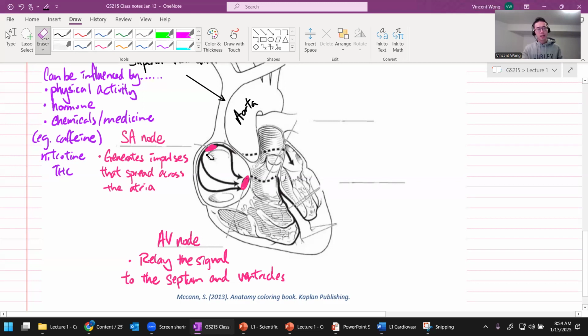So these impulses that originate from the SA node, after spreading across the atria, get a little bit weaker, okay? And that's what the AV node is for. It boosts the signal a little bit and then it passes it on.